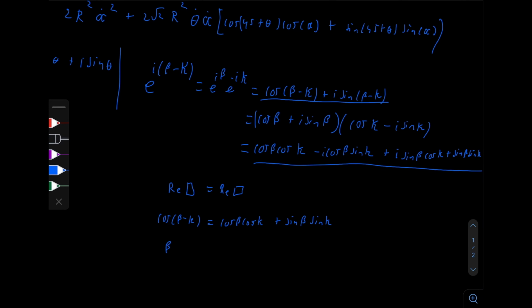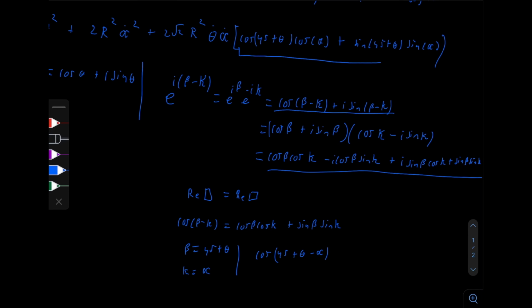Now what if we let beta equal 45 plus theta, kappa equal to alpha, then we get cosine of 45 plus theta minus alpha is equal to cosine of, well, you get the picture. We can substitute this for cosine of 45 plus theta minus alpha.